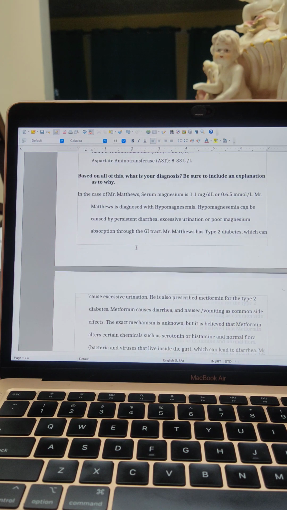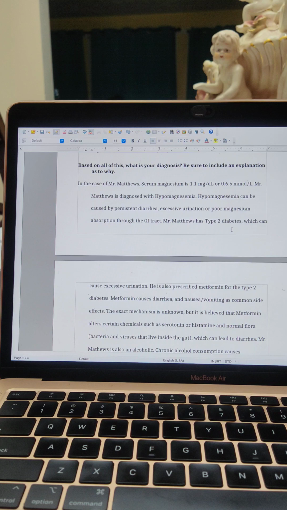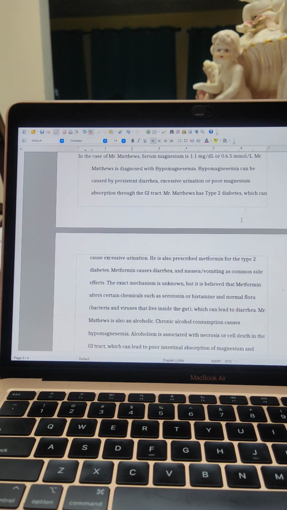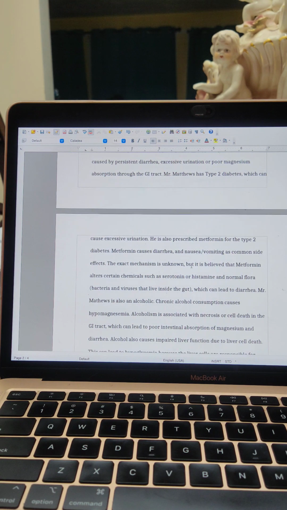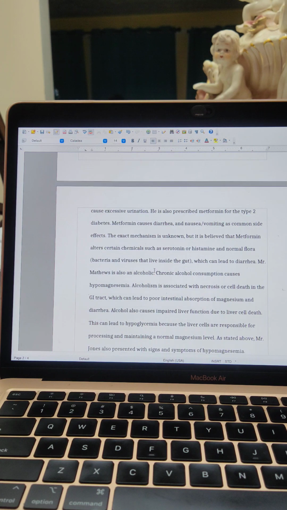Mr. Matthews has type 2 diabetes, which can cause excessive urination. He is also prescribed metformin for the type 2 diabetes. Metformin causes diarrhea, nausea, and vomiting as common side effects.